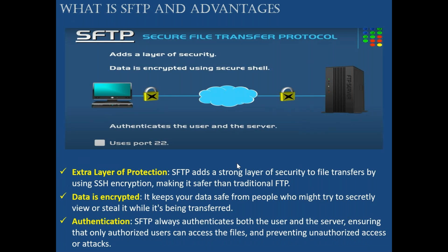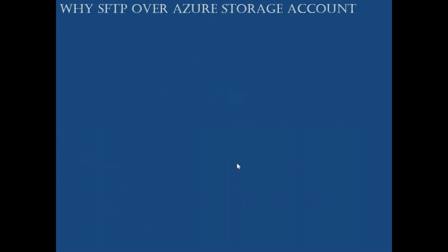Authentication: SFTP always authenticates both the user and the server, ensuring that only authorized users can access the files, preventing unauthorized access or attacks. That's how SFTP is more secure than FTP. So that's why in real time we mainly use SFTP only.